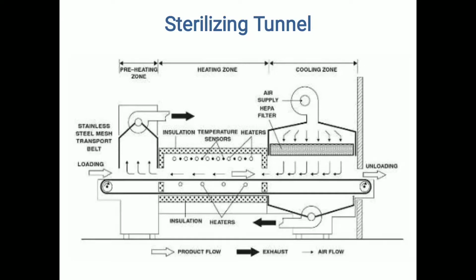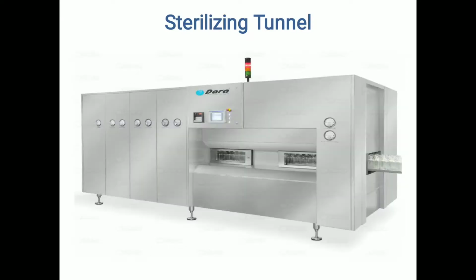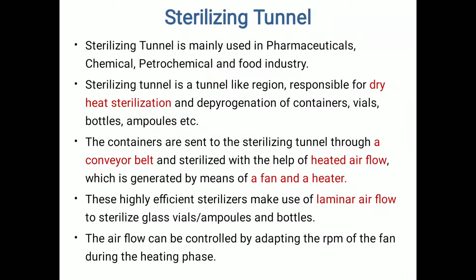Likewise, the airflow can be controlled by adapting the RPM of the fan during the heating phase. So it is also one of the generally used equipment mainly for sterilization of vials, ampoules, as well as bottles.